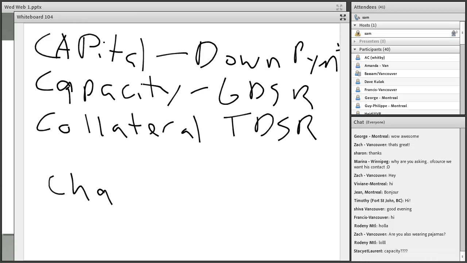The last two are the intangibles. It's your character. That's important when it comes to relationships with the institution that you have. The last one is creditworthiness, or credit.